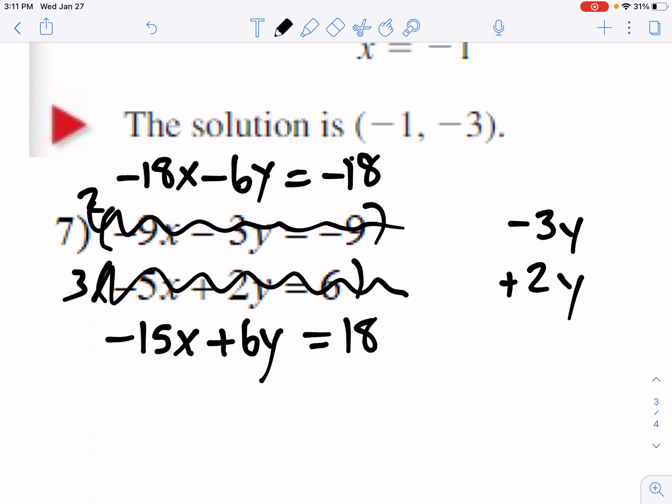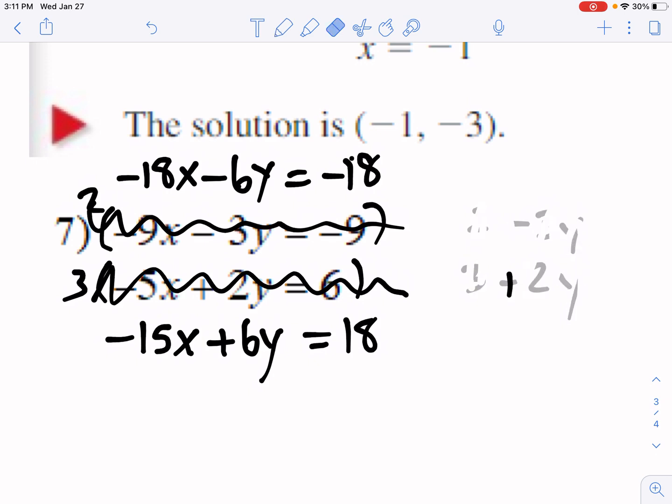If I multiply the top by a 2, just like this is a 2, and I multiply the bottom by a 3, just like this is a 3, that's going to give us the same number. 2 times 3 is 6, and 3 times 2 is 6, but we already have a positive and a negative. So that's why I used it. You can follow that same guideline every single time, and you should be fine.